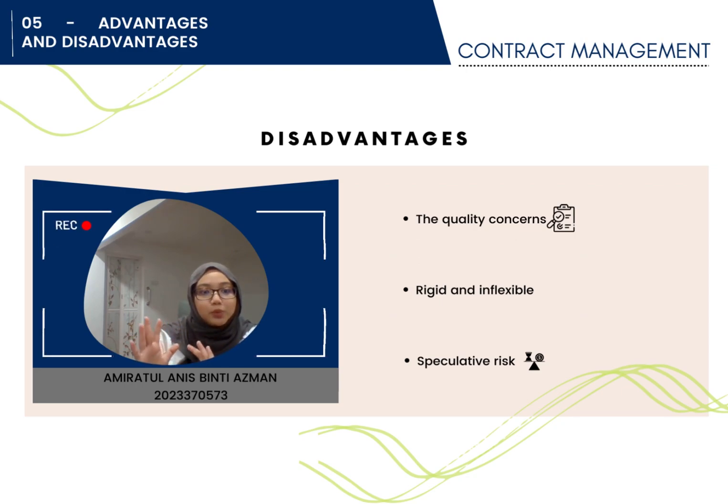The owner could not have as much input or control over the end result with this method of procurement because it needs to depend on the contractor to fulfill both of the project phases.